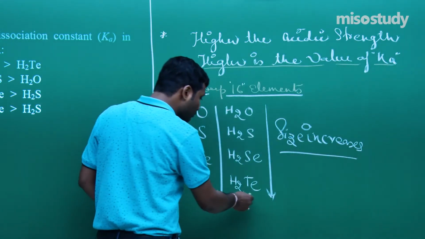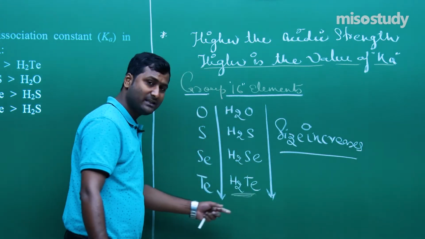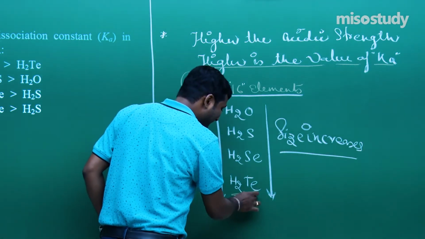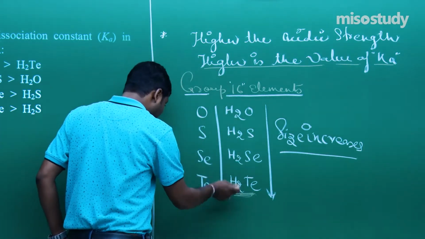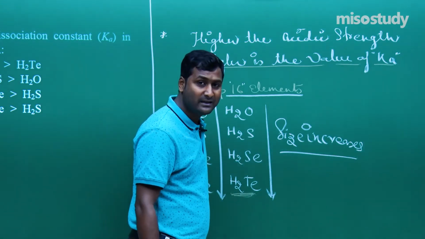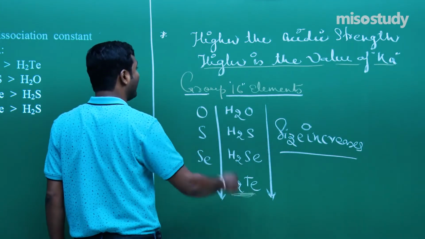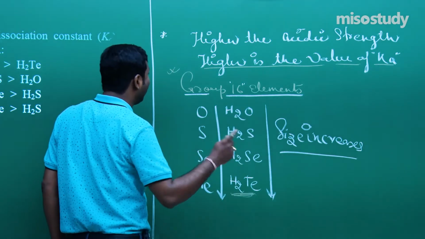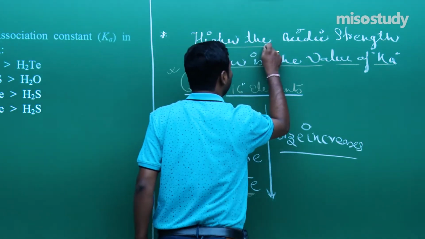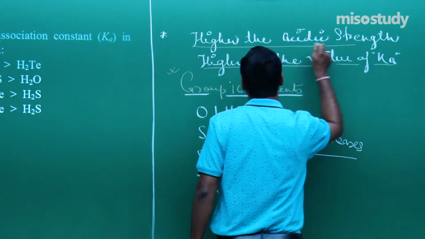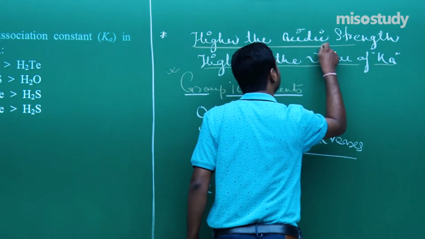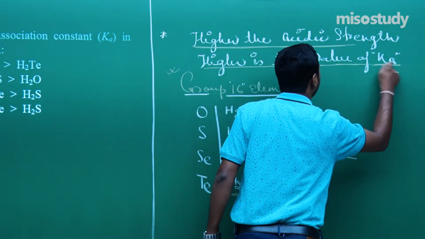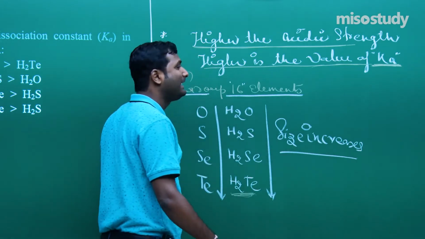Due to this reason it is easy to break the bond. If it is easy to break the bond, then definitely the releasing tendency of hydrogen will increase, which will increase the acidic nature. If the acidic nature is high, then definitely it will have a high value of Ka.